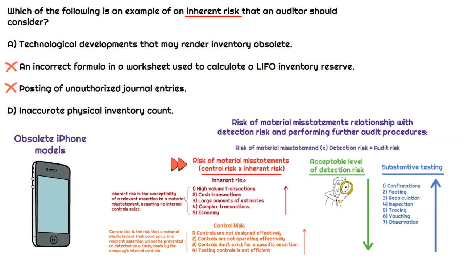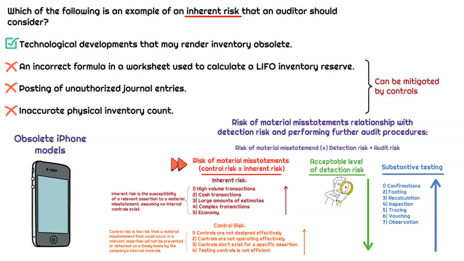They can all be mitigated by proper controls that are operating effectively. So that's why all three of those are incorrect. So going back to the only one that represents an inherent risk, that's going to be technological developments that may render inventory obsolete, right? There's not much the company can do in that regard, especially compared to competitors.